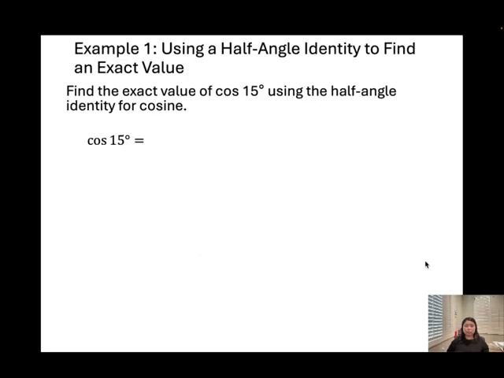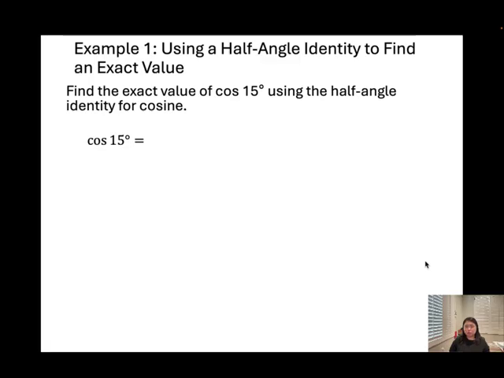Example 1. Find the exact value of cosine 15 degrees using the half-angle identity for cosine. For cosine 15 degrees, we don't want to use the calculator. So you may want to think about the special triangles, 30, 45, and 60.